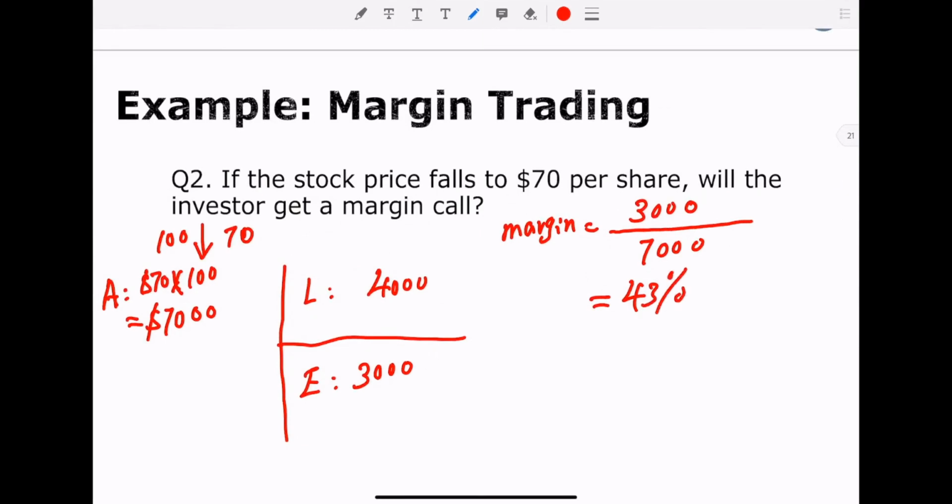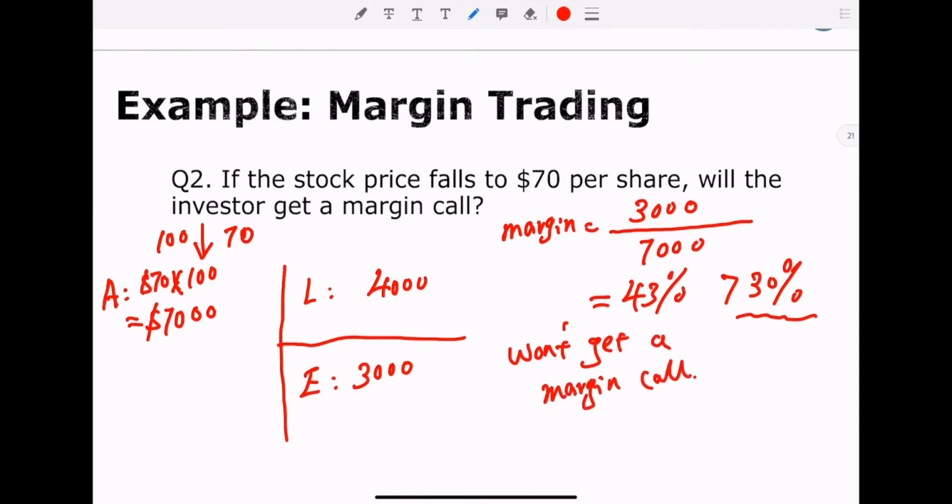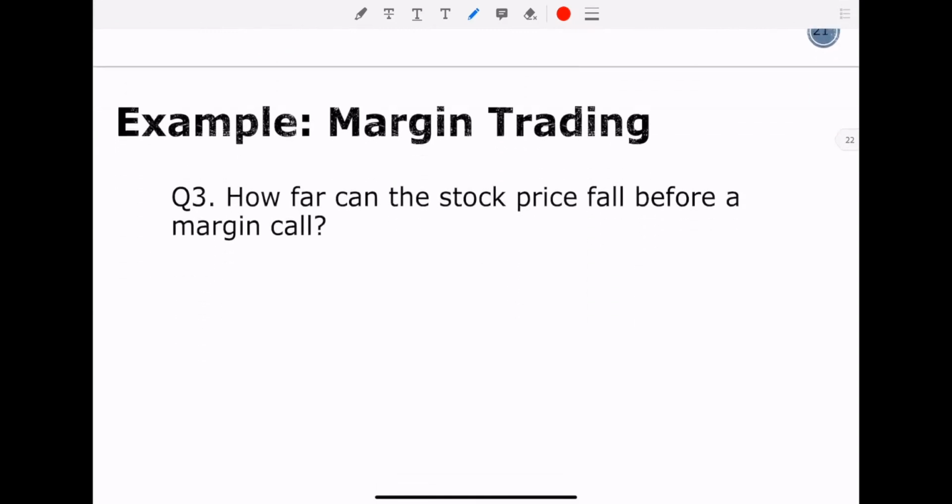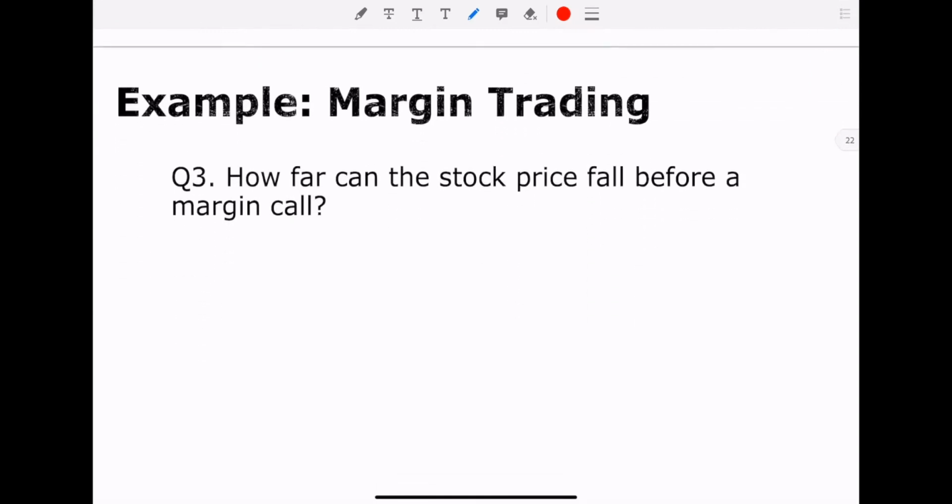What is the maintenance margin? It's 30%. Basically, this is the number you have to maintain in your account. And now 43% is higher than 30%. So you're safe. You will not get a margin call.